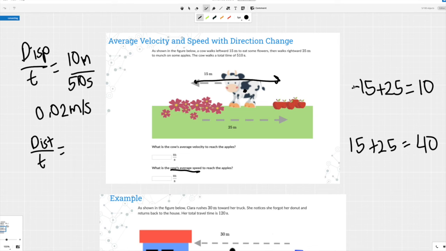Over here it's negative because it's in the left direction, but when we're doing speed, the direction does not matter, because as we learned in the previous video, speed is scalar and velocity is vector. So 40 divided by 510. Let's get our units, because that is very important. And that will be 0.078 meters per second.